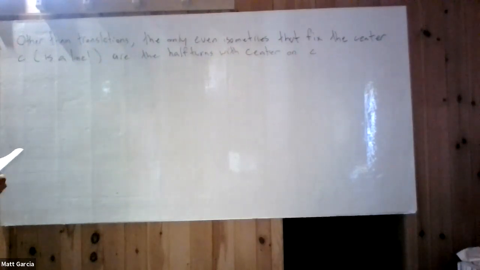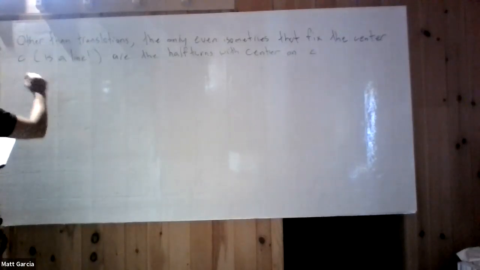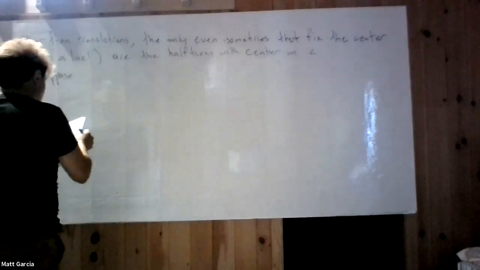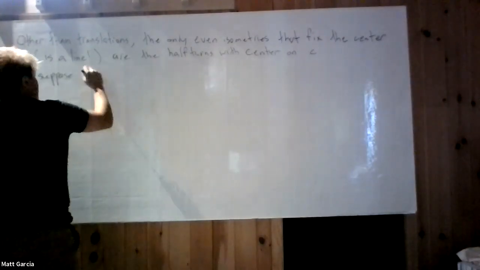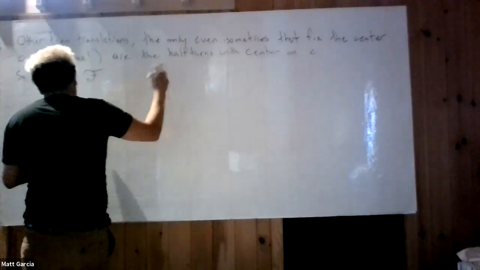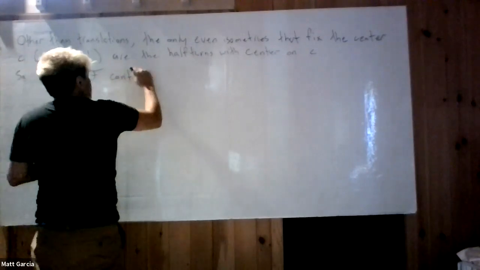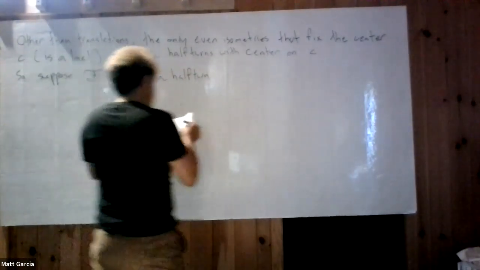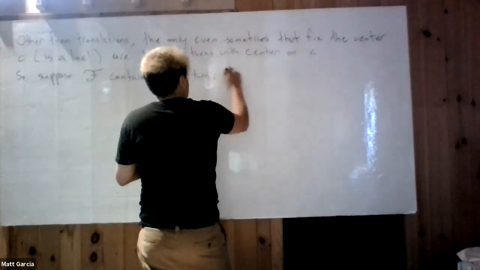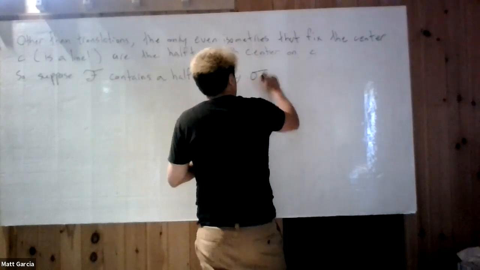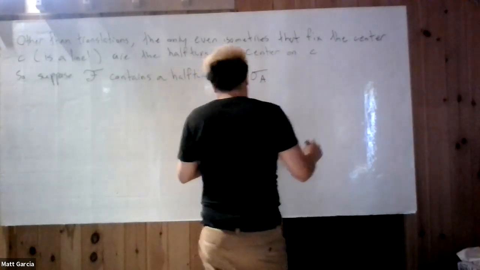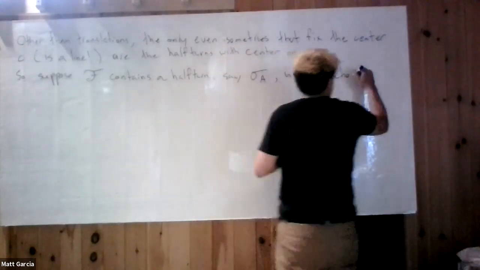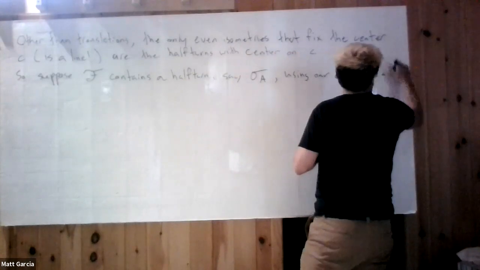So then let's suppose F, some arbitrary Friese group, contains a half turn, say sigma sub A, using our chosen point A as center.